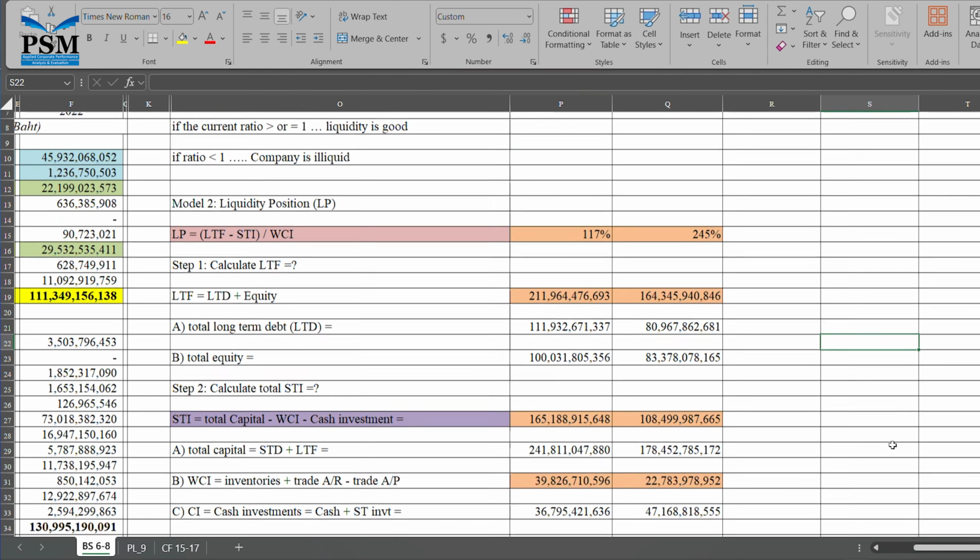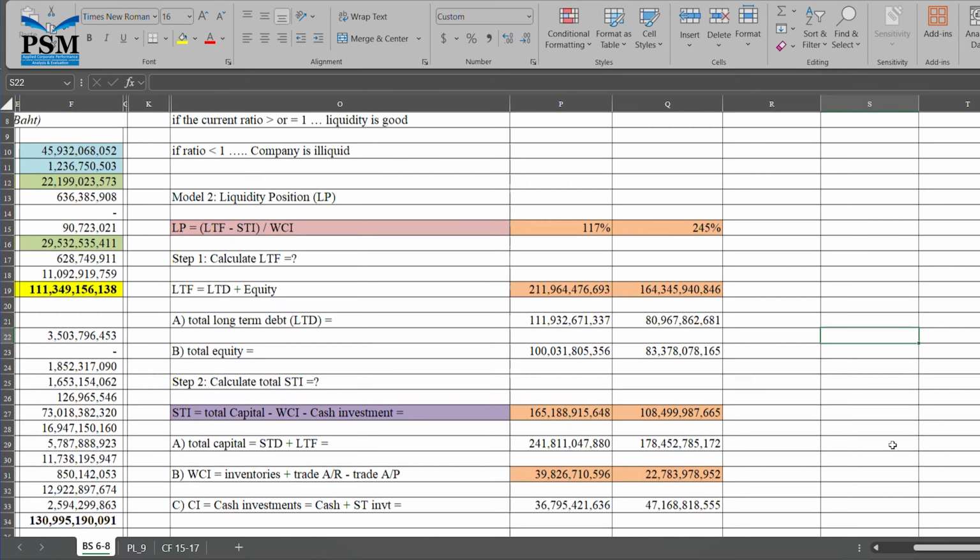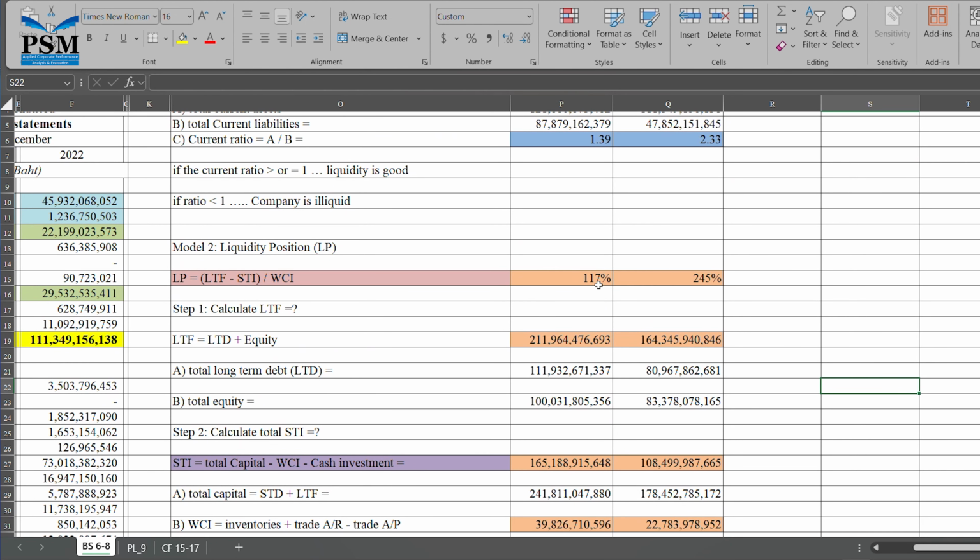We have used the liquidity position of the company, LP, and we have established that more than 100% of the working capital of this company was financed with long-term funds.